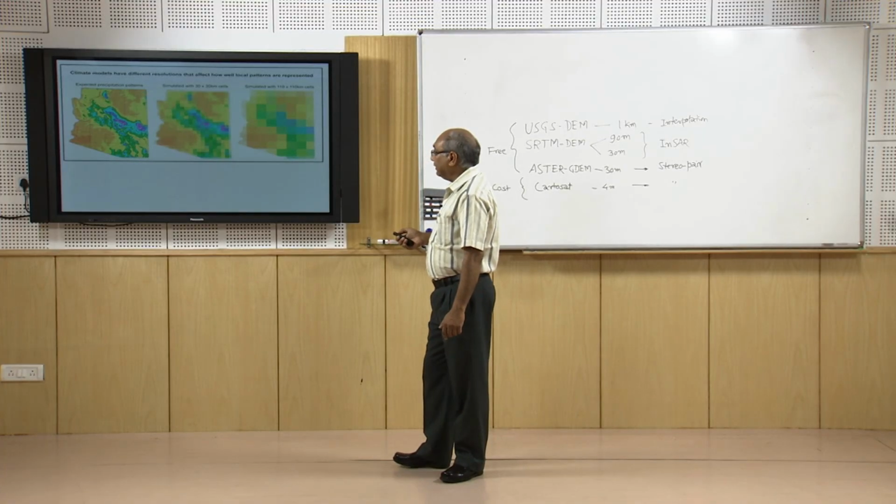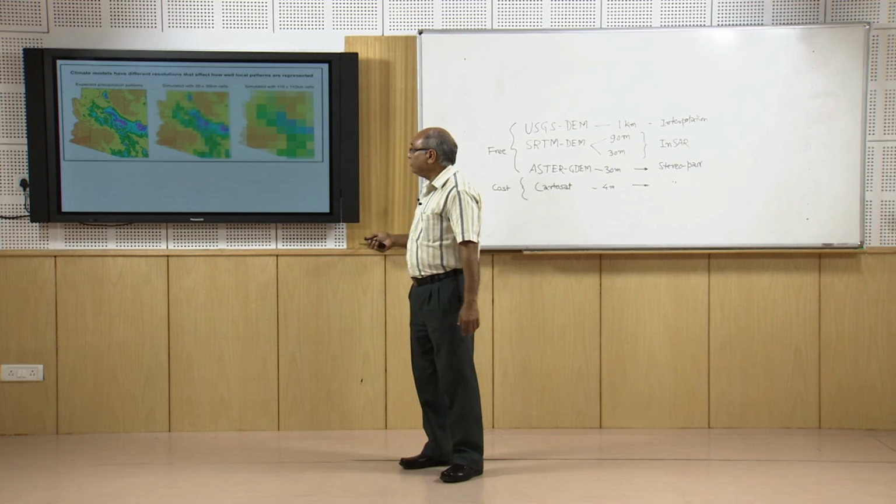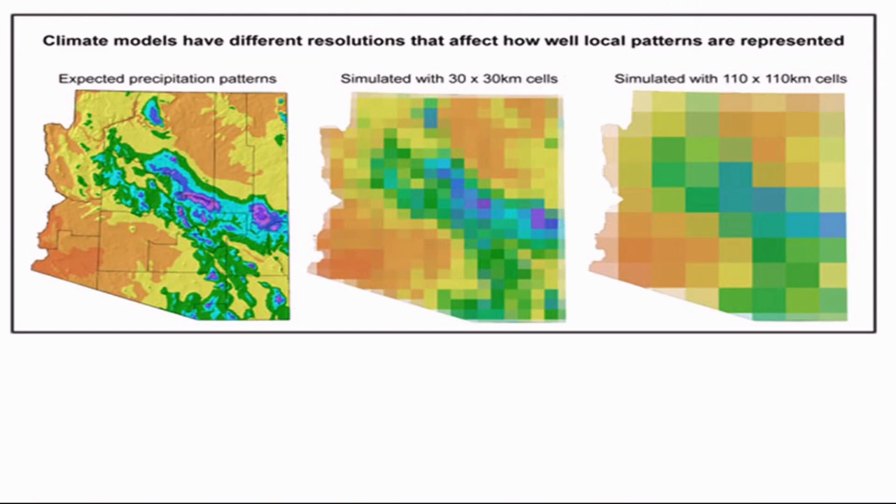As we know, higher spatial resolution will bring clarity to your image. If we go for a relatively coarser resolution, two examples are given here, 30 kilometer cells like this or 110 kilometer cells, hardly anything can be seen. So this depends on what problems you are working on.